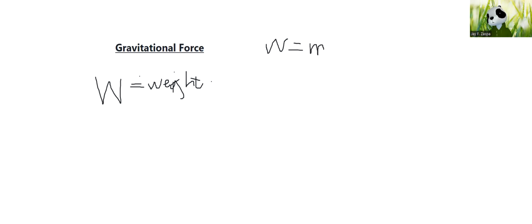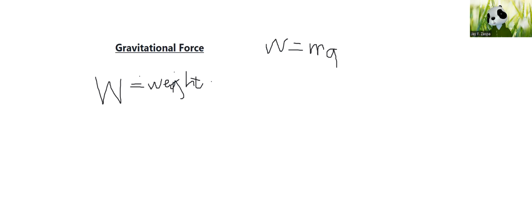So let's try to solve something. When you say weight, you can put a W, which is the weight. The formula of the weight is equal to mass times gravity.